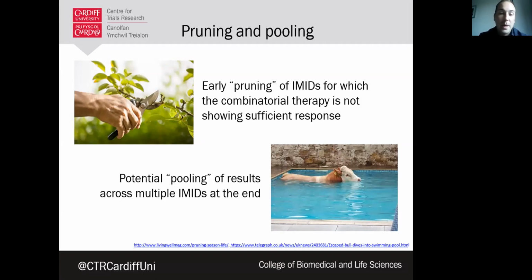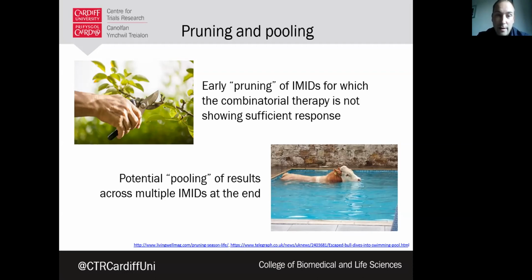So we can group them, or we can then draw overall conclusions or conclusions across multiple IMIDs. And we can do that for all 6 diseases within one trial. And that's pretty much the end of my talk.